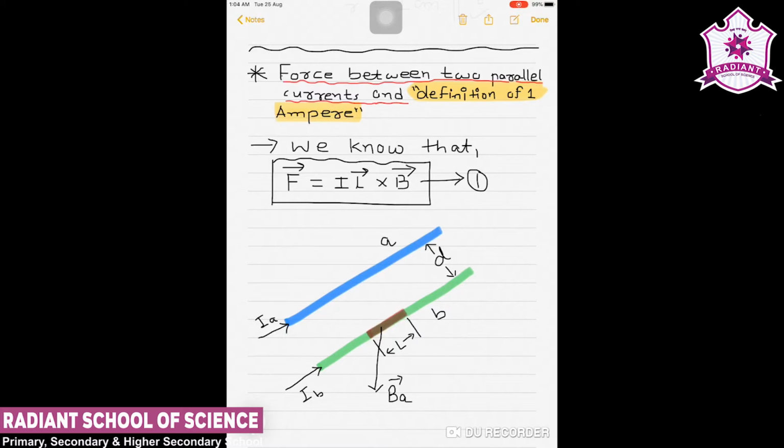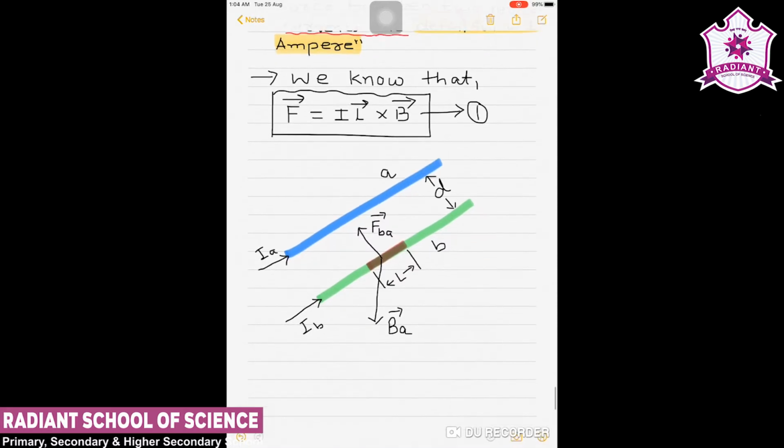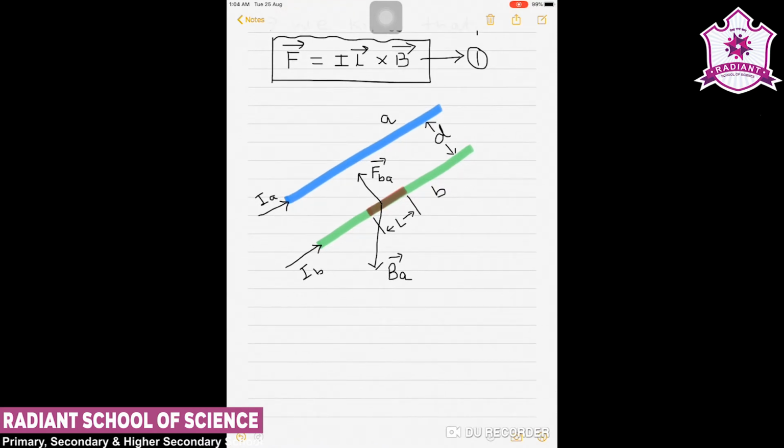It is not like that always, but in this case we consider it, and due to that the force acting on wire B due to A is given by FBA. So in the textbook they have shown this part. Now how to understand it, we will go step by step. So first of all we will focus on the figure and our equation number 1.